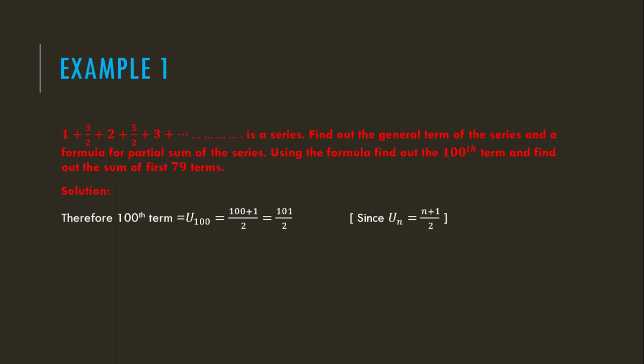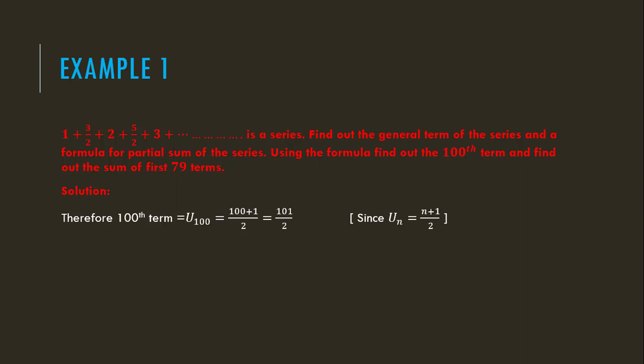Now we have to calculate the 100th term. We know that un equals (n plus 1) by 2. We have generated a formula for this series that the nth term will be (n plus 1) by 2. So for the 100th term we get u100 equals (100 plus 1) by 2, that is 101 by 2.